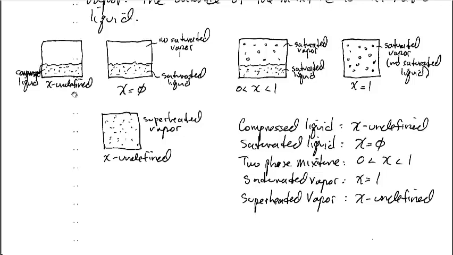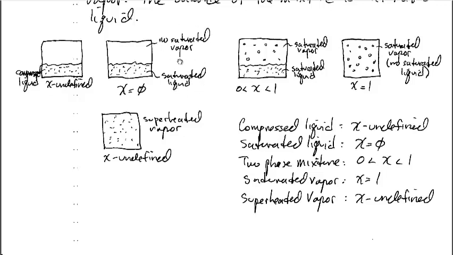Quality is only defined when the substance is saturated. Likewise, we could have a situation where the substance is saturated, but it's only saturated liquid, right? In other words, it's right on the left side line of the saturation dome. It's right on the saturated liquid line. In that case, the substance is all saturated liquid.